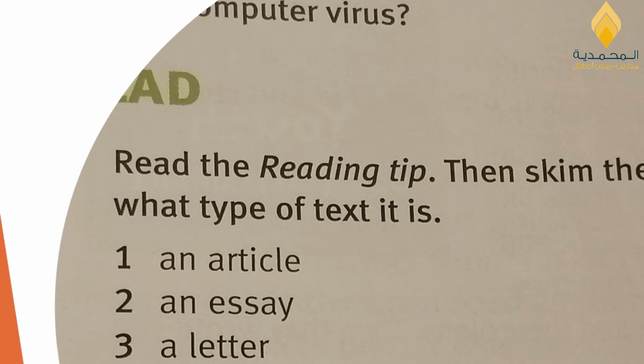Did we have questions in our text? And as you know, most of you know what is a letter. A letter is usually a piece of writing that starts with "Dear." It has a sender and it has a receiver. So which is the correct answer? Yes, it's A. It is an article.